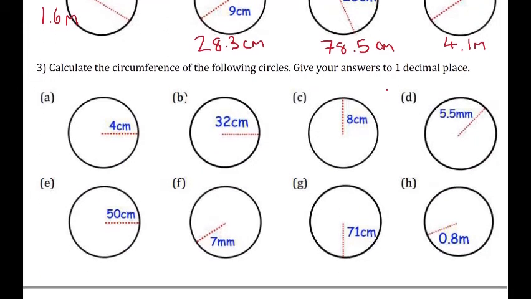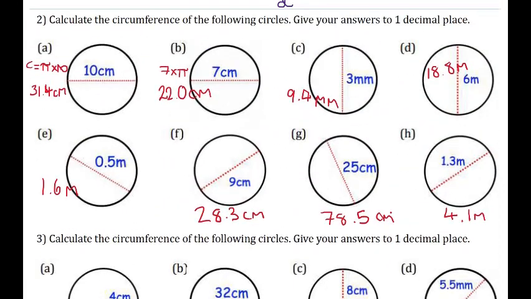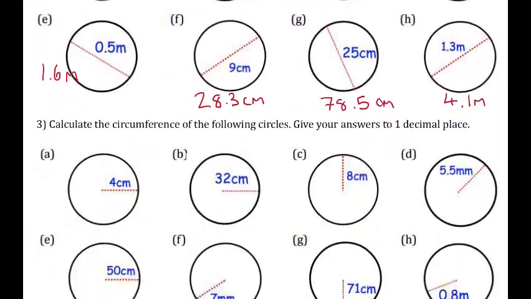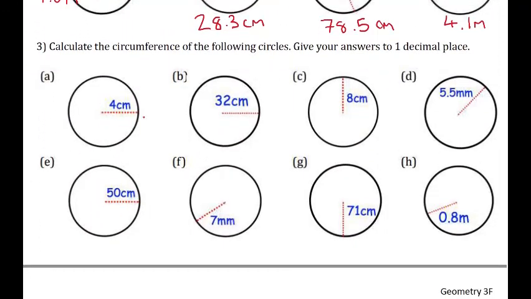And the last question on this page is exactly the same as the one above. They want us to find the circumference of the circles, but this time we've been given the radius. So we first need to double this, because when you double the radius, you get the length of the diameter. So the diameter is 8, and then we times that by pi. So the circumference for this circle would be 25.1.